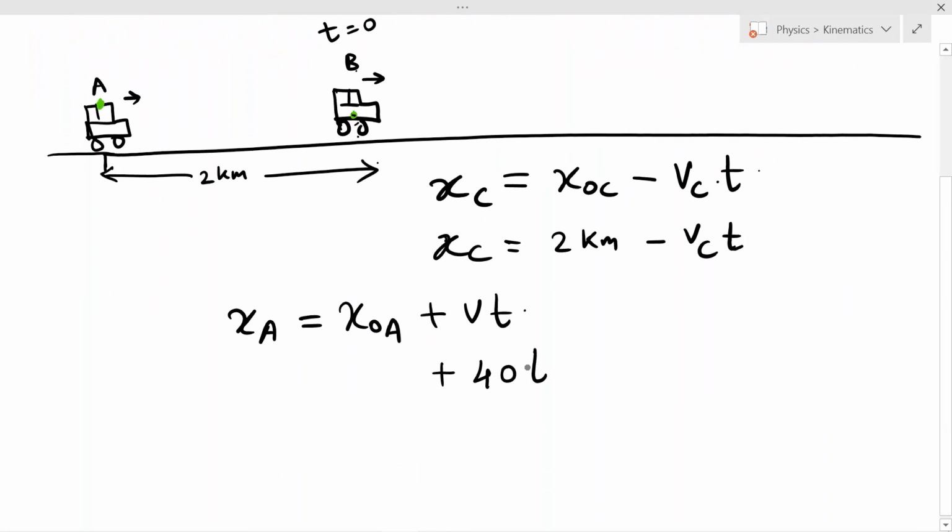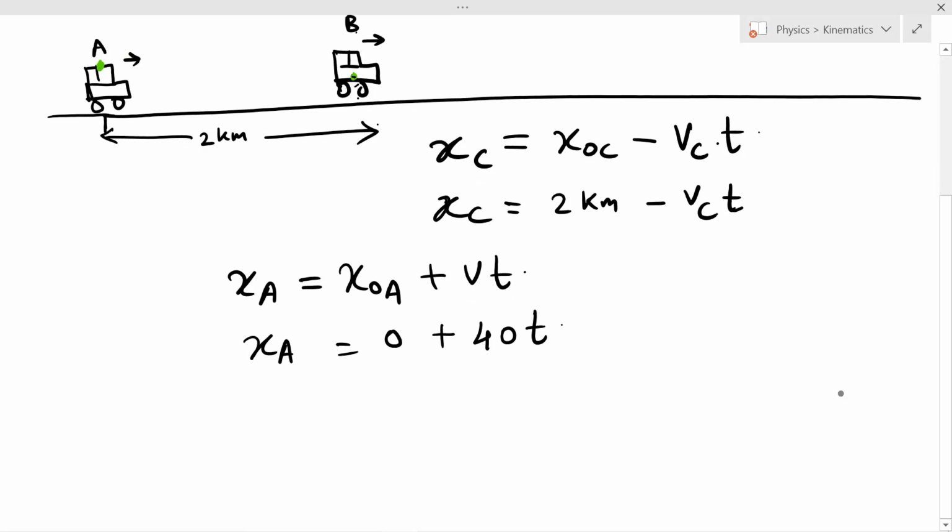At time t they will meet, at some position X, where XA and XC are equal.